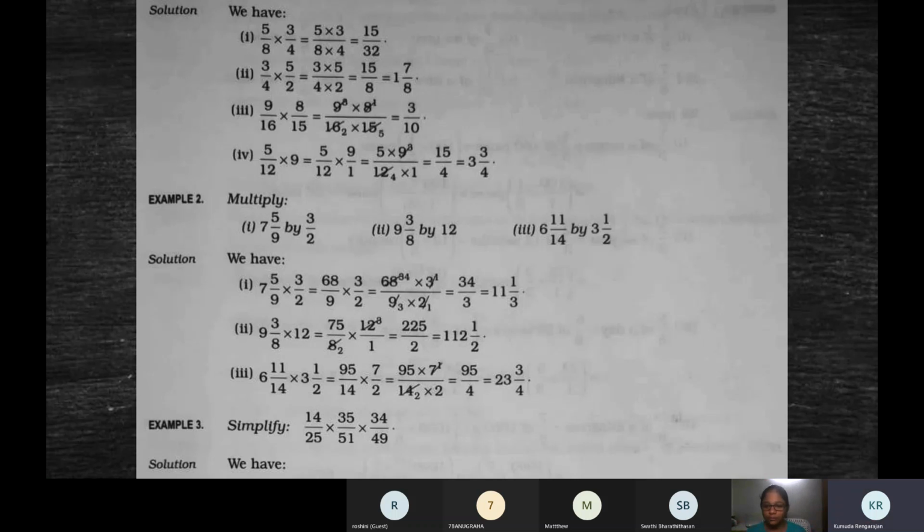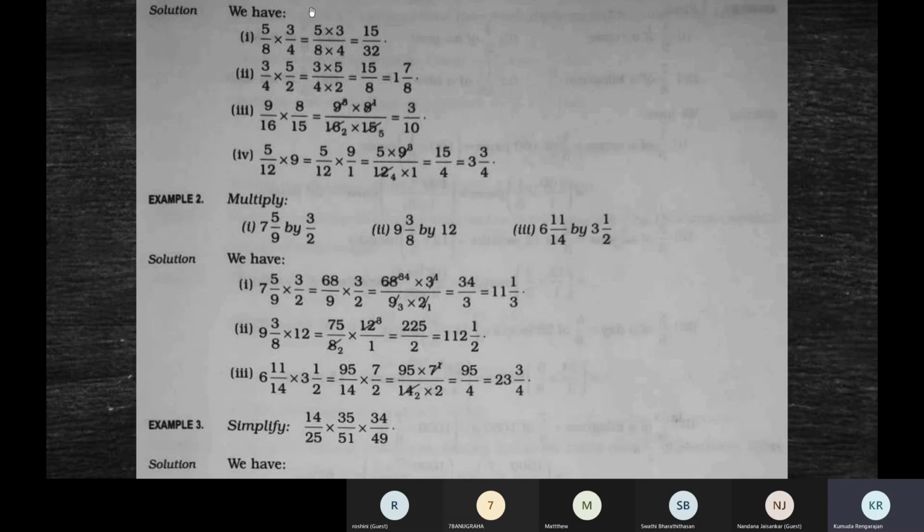When you have to add or subtract and the fractions are unlike, you have to make them like fractions and then add or subtract. That is the rule for addition and subtraction. But for multiplication and division, you can multiply even unlike fractions as they are. Though 5 by 8 and 3 by 4 are unlike fractions, just multiply them as they are.